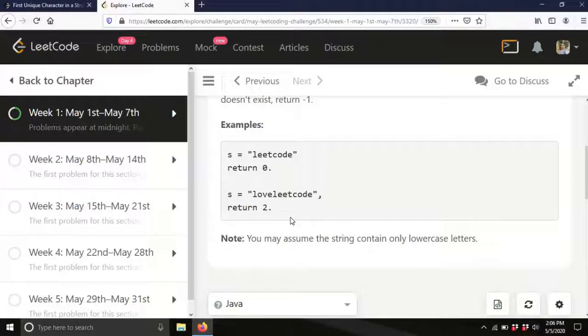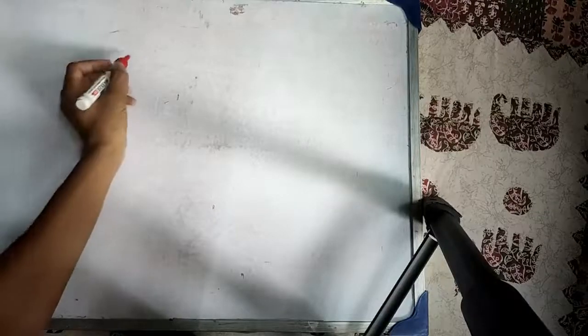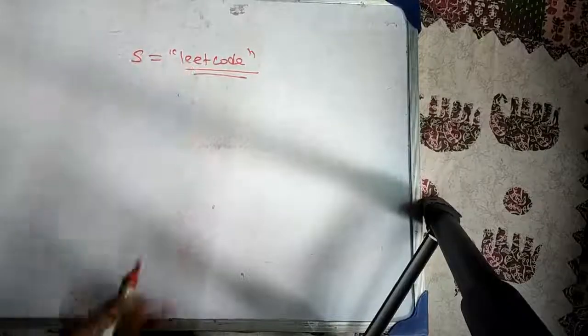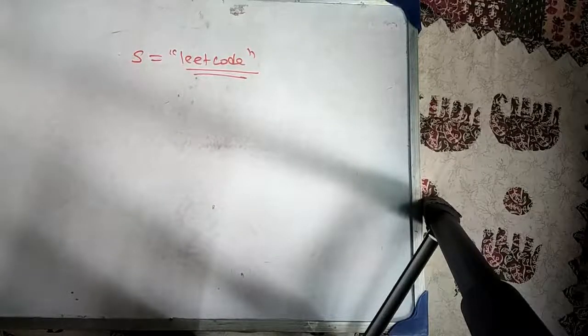So let's understand how we can approach this problem. There are various approaches present to solve it. In today's video we will discuss one. In this approach, given a string, suppose leetcode, we are going to create a lookup table, a table which will contain the frequency of each and every character.